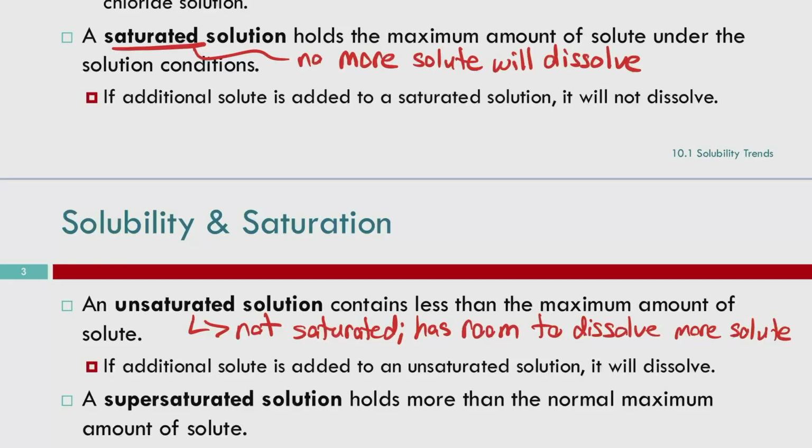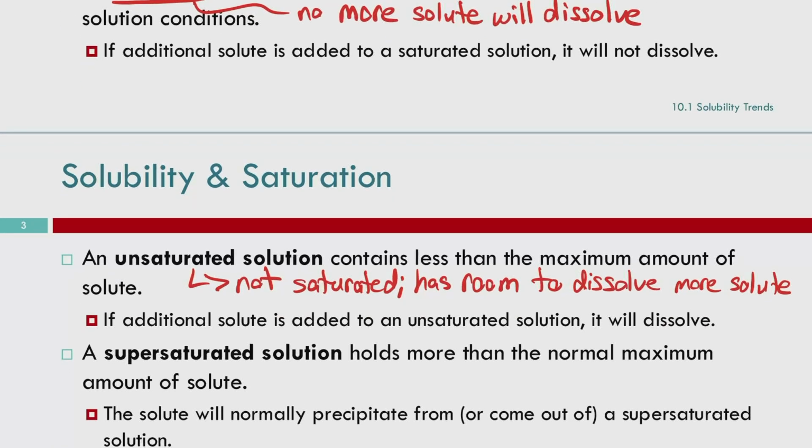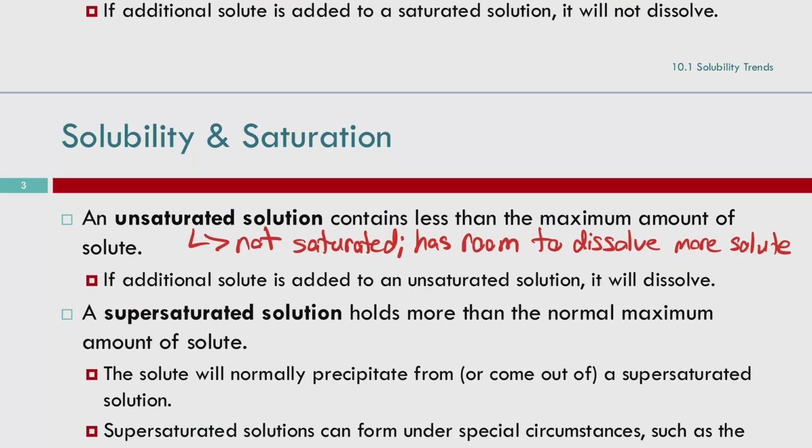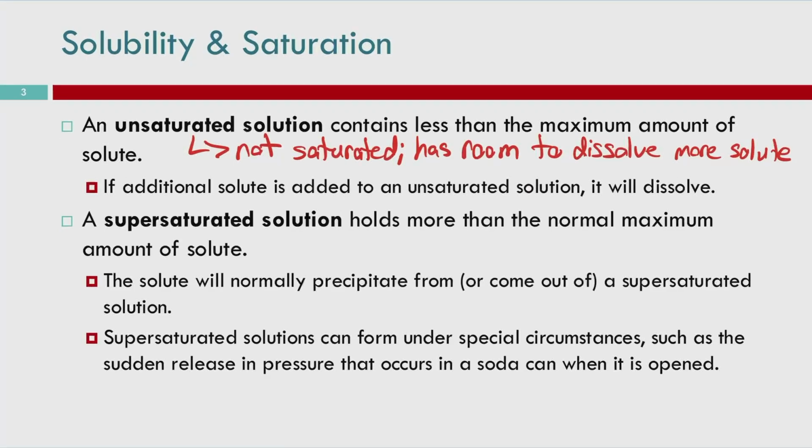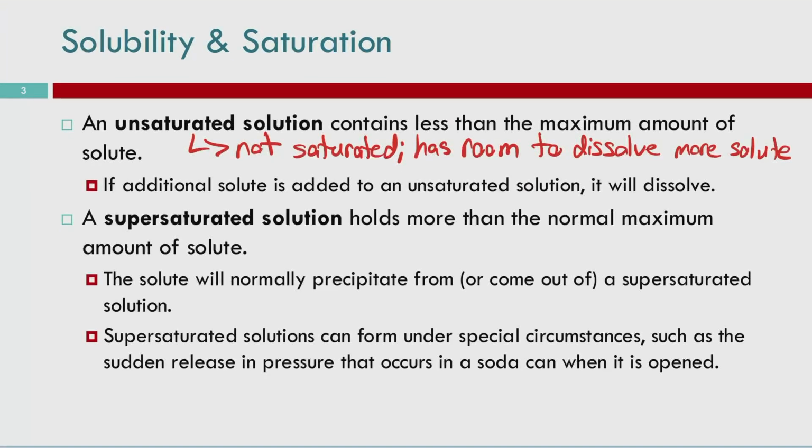We also have supersaturated. So despite what we said about saturated being our limit, we can actually exceed our limit, just not for very long. So a supersaturated solution is more than the solubility amount, or more than the solubility limit.